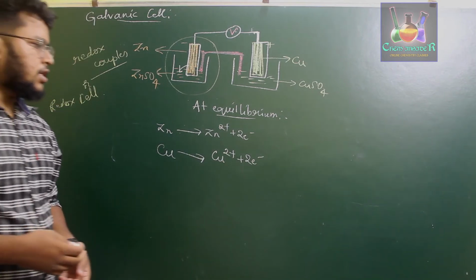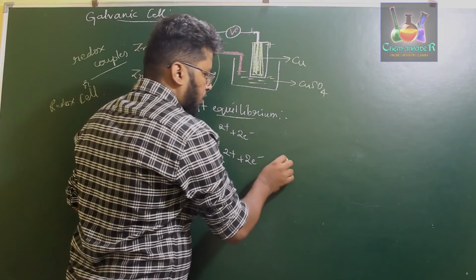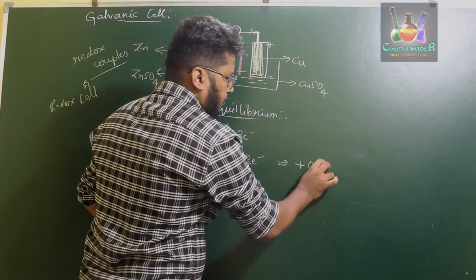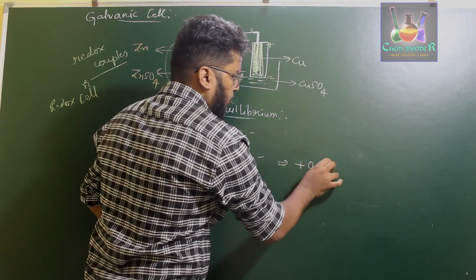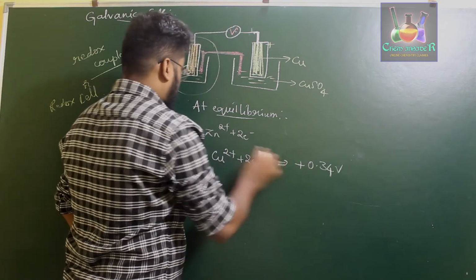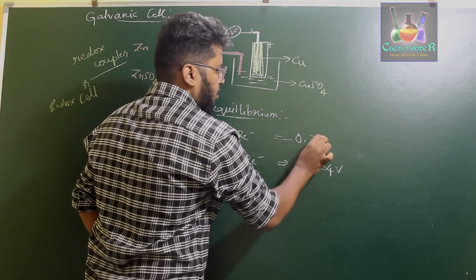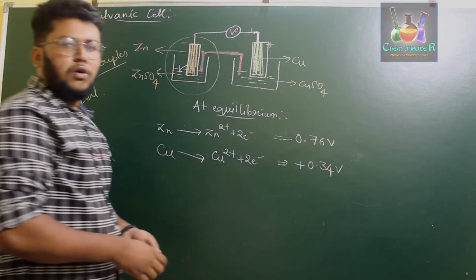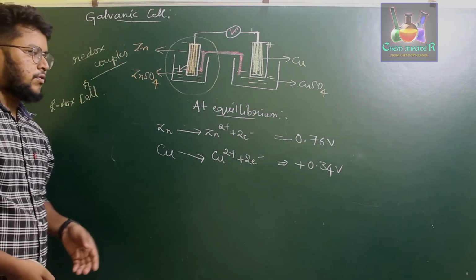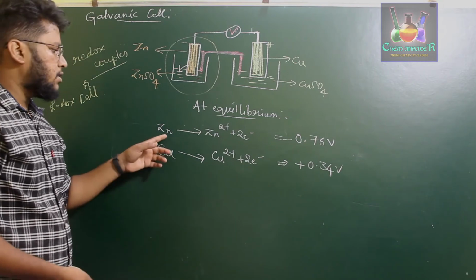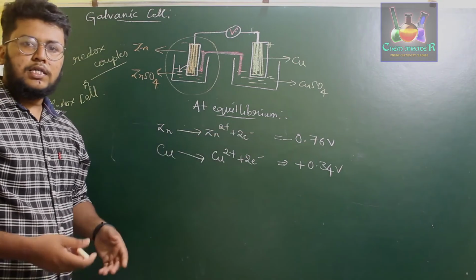Those potentials are found to be: copper 0.34 volts and zinc minus 0.76 volts.